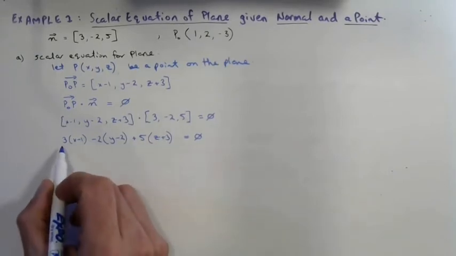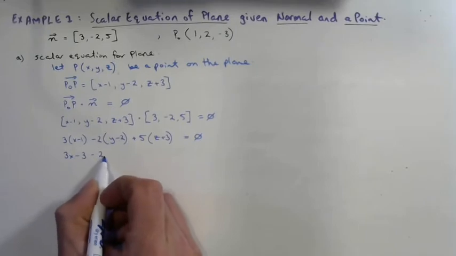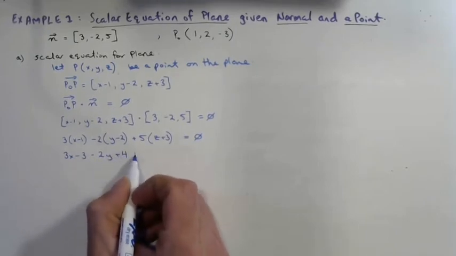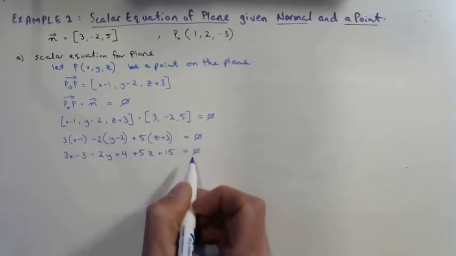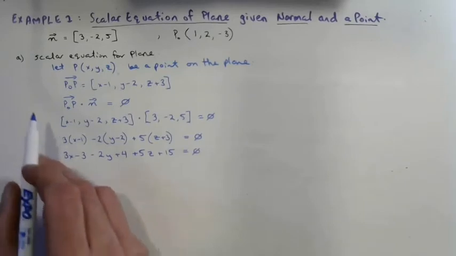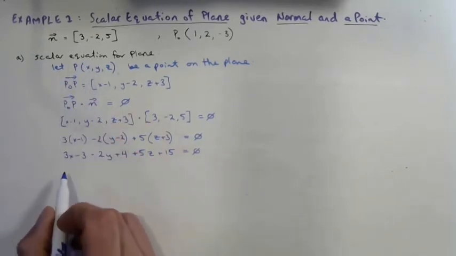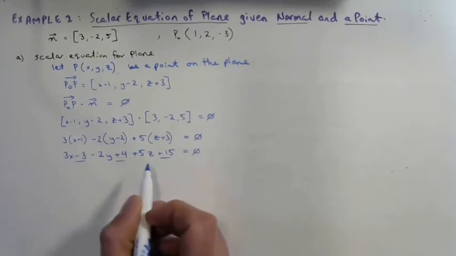Keep on expanding this and simplifying. I get 3x minus 3 minus 2y plus 4 plus 5z plus 15 equals 0. And I'm going to write this in standard form, or scalar form, scalar equation. I'm going to take all of my constants and group them together at the end.